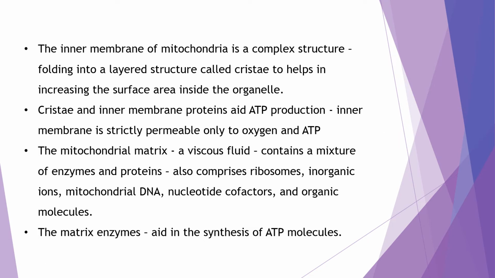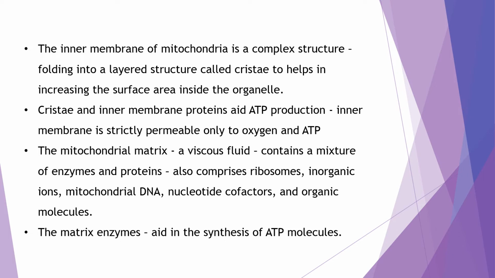Now, moving on to the inner membrane of the mitochondria, you should know that it is a complex structure. It is not as simple as the outer membrane. Why? Because it is found folding into multiple layers on the inside of the mitochondria to give rise to a structure called cristae.